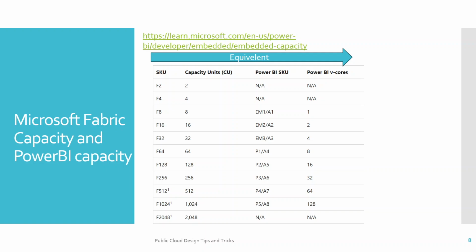So on the other hand, if you have a premium SKU for Power BI, that comes with an F64 kind of SKU series, and you can also leverage that capacity for your Fabric data elements requirement. Okay, so in a hybrid scenario, both can be leveraged with the same series. Here you can compare Power BI with respect to Fabric.